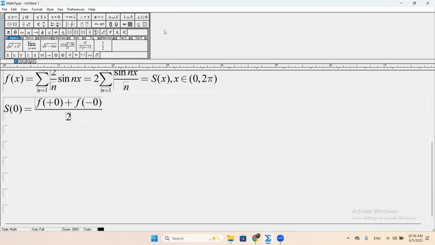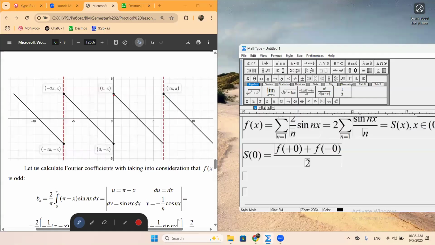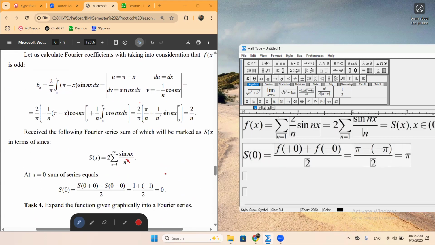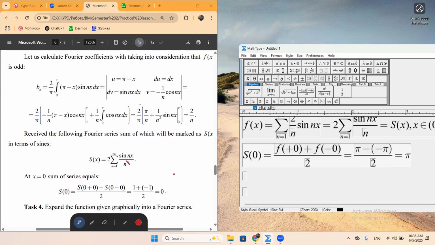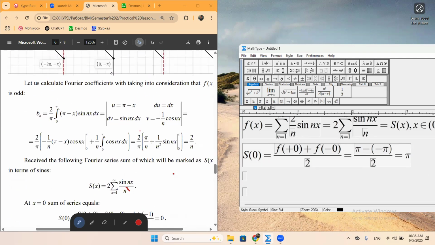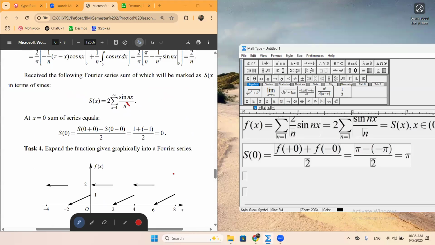And let's look at the graph. f of plus 0 equals p, and f of minus 0 equals minus p. So it will be equal to p. Why?